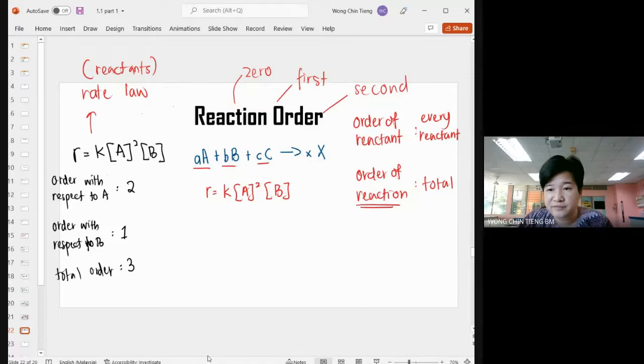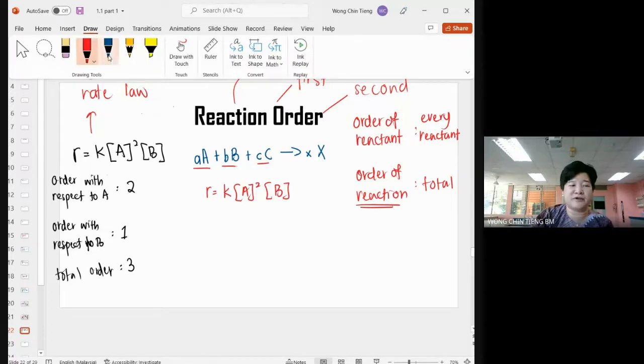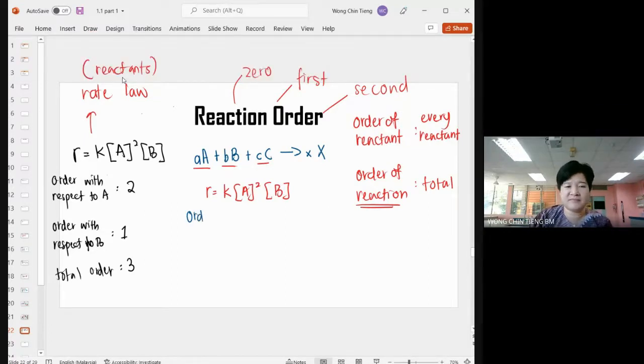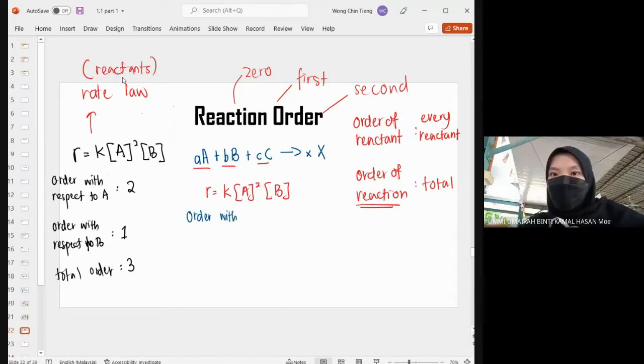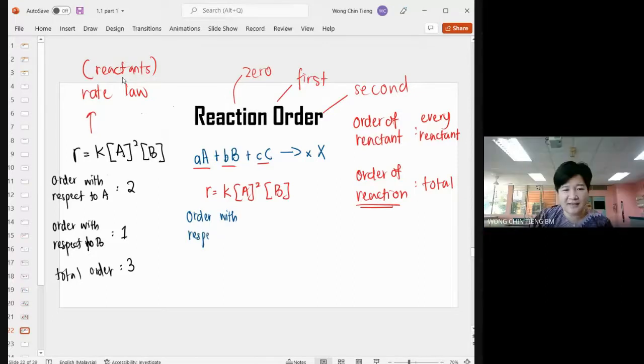Why? C power of 0. Because C power of 0 lagi tepat sikit. Order with respect to C is 0. Yes. Alright, order with respect to C adalah 0. See the difference? Ini kira level paling susah untuk reaction order lah.